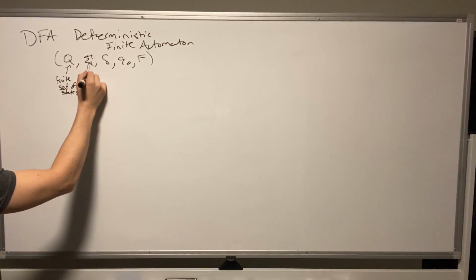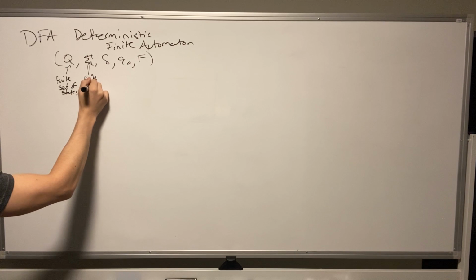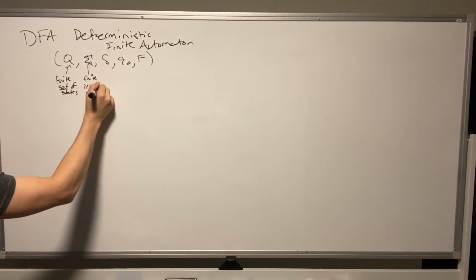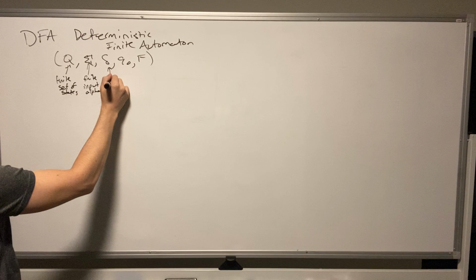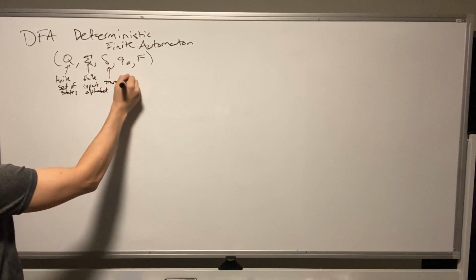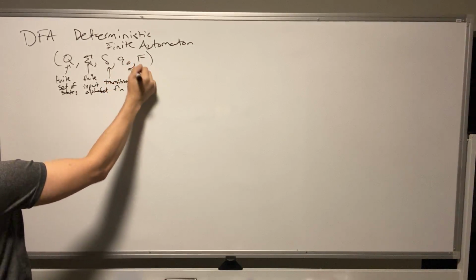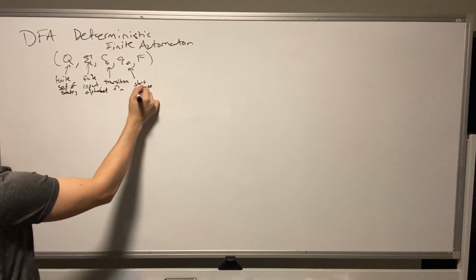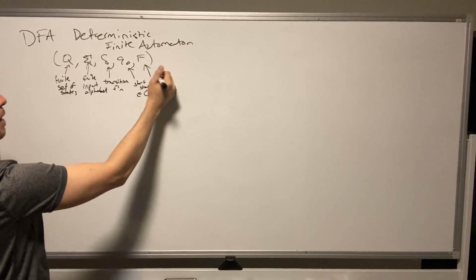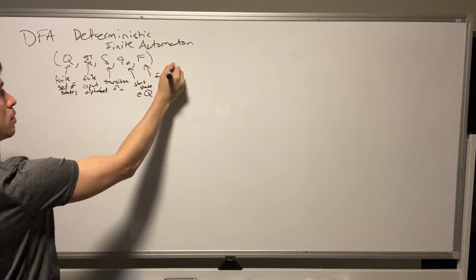Sigma is a finite input alphabet. Delta is a transition function, which I'll give more details on in a sec. Q0 is the start state, so that is in Q, and F is a set of final states.